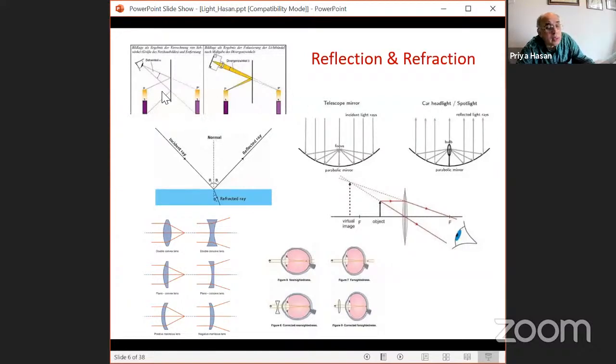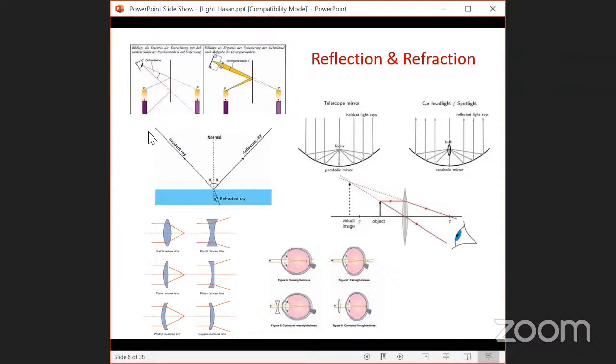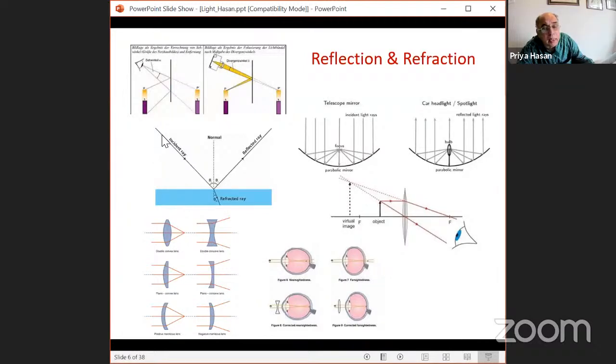And here are all these ray diagrams which show how you see an object in, say, a plane mirror, and how the image is formed as far behind the mirror as the object is in front of the mirror. Then you can have these parabolic mirrors, and it shows how rays of light, parallel beams, get focused at the focal point. And so the particle nature very well explains reflection and refraction.